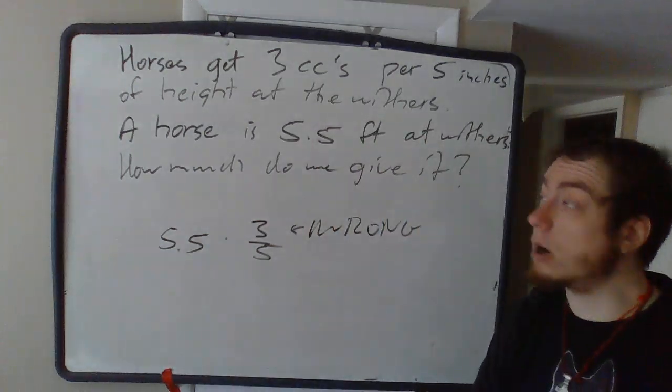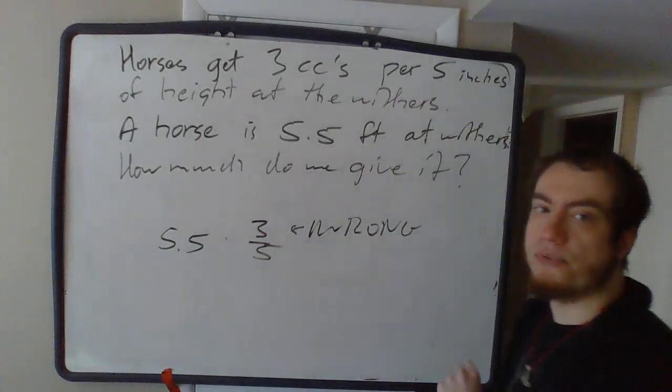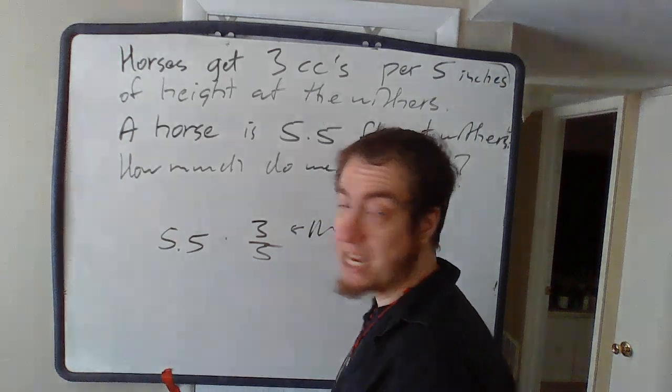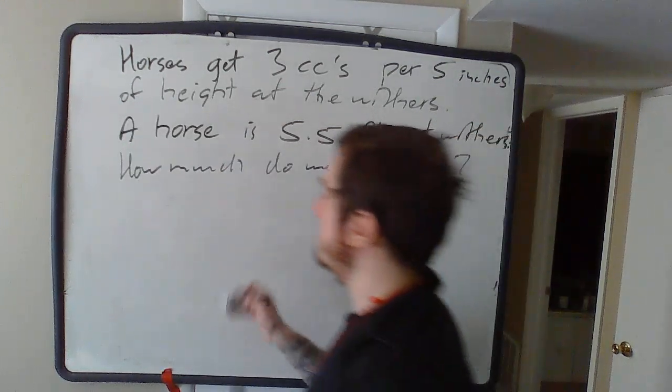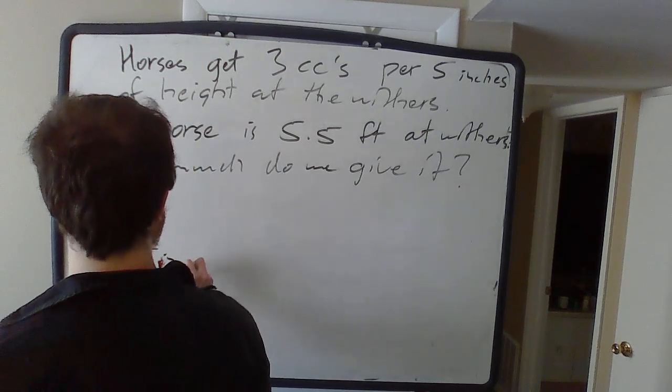The reason it wouldn't work is because this height is in feet and this is per 5 inches. So I need to get this not in feet but in inches first. So here's what I can do. To make it right, we have the 5.5 feet.